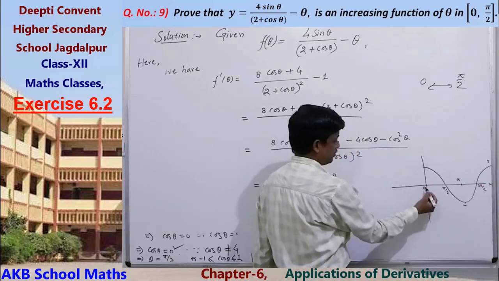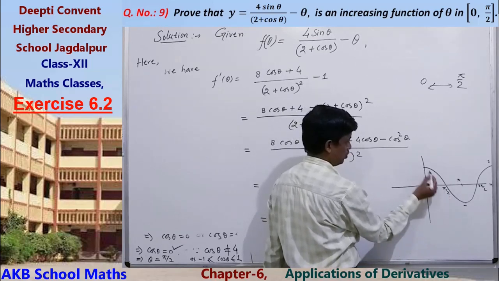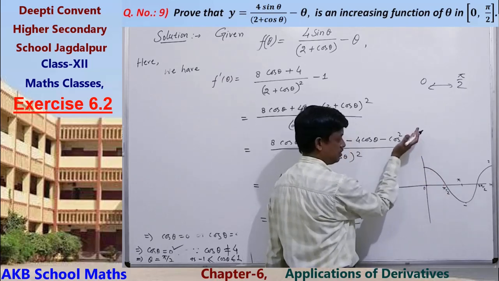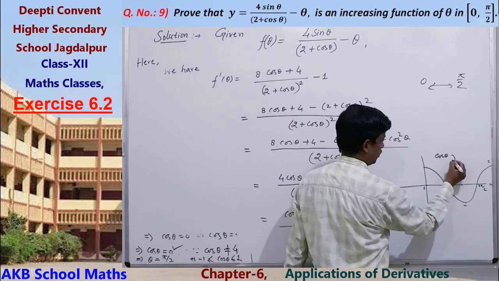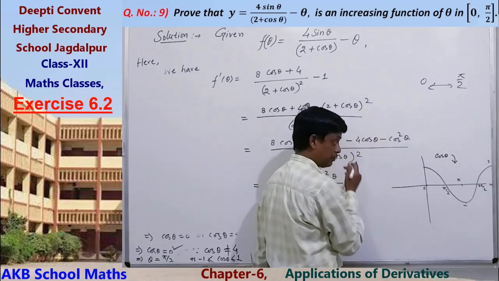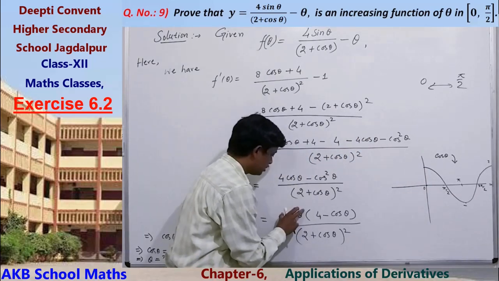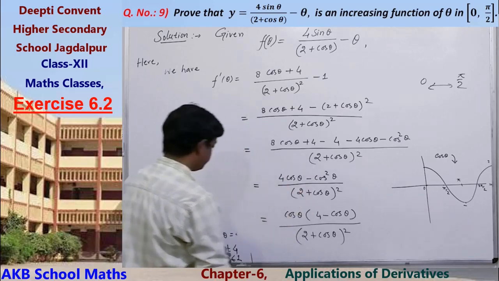Now between 0 to pi by 2, cos theta is positive, on the upper side. The graph of cos theta is this. So the sign of cos theta will be positive.